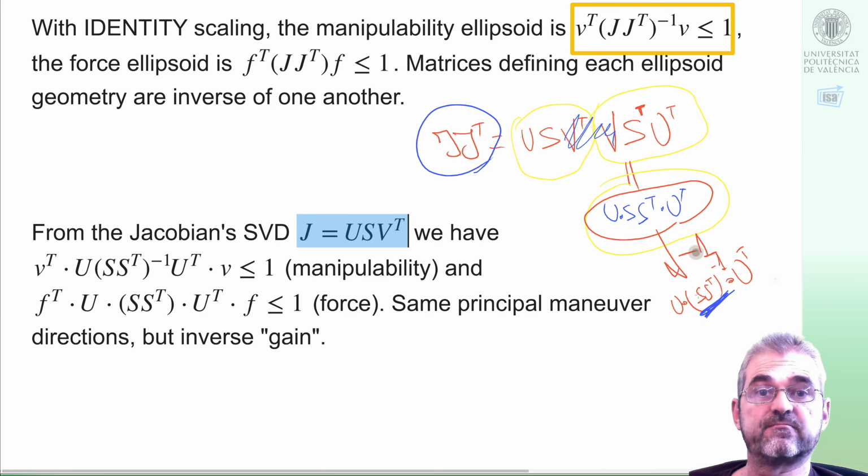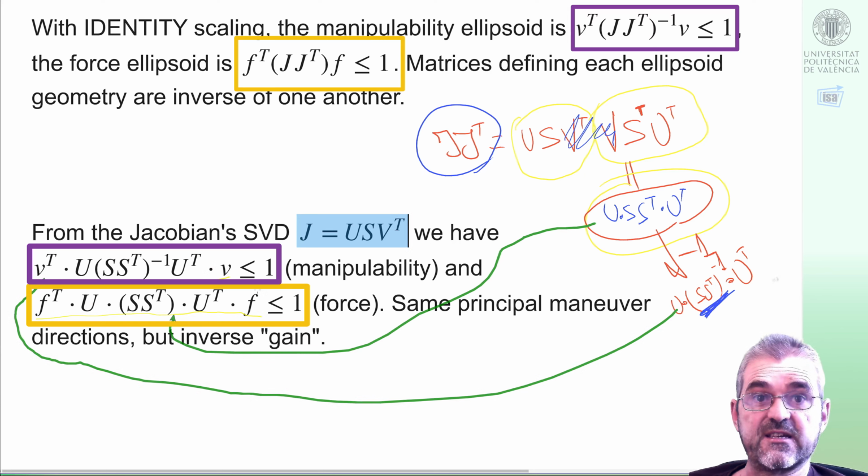So then, this thing is associated to the force ellipsoid, and this thing is associated to the velocity ellipsoid. So we can see that the matrix in those ellipsoids has the same eigenvectors given by U, but the eigenvalues are inverted.